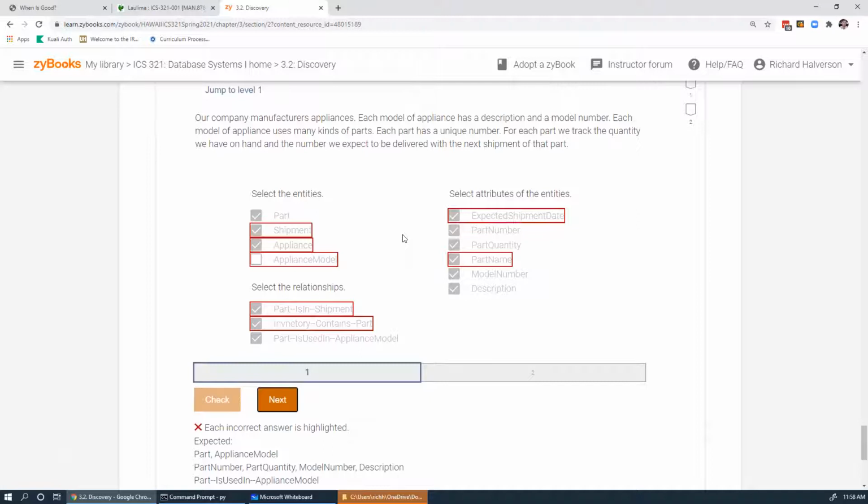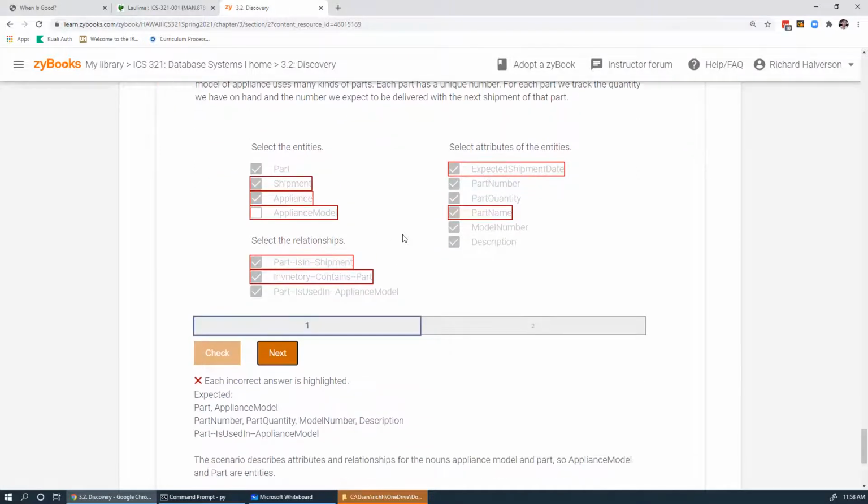So expected part, appliance model are the entities. Part number, part quantity, model number, and description are the selected attributes.